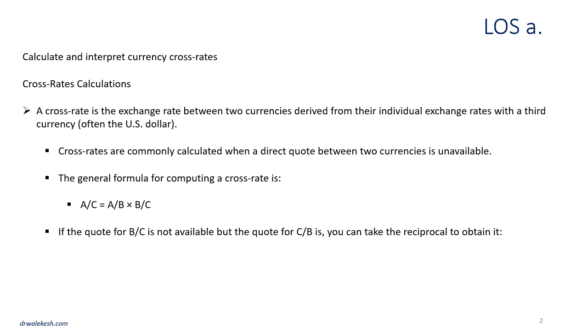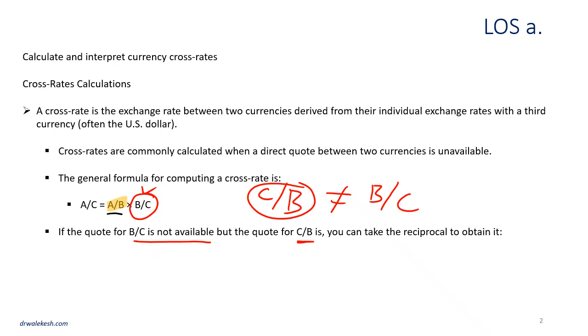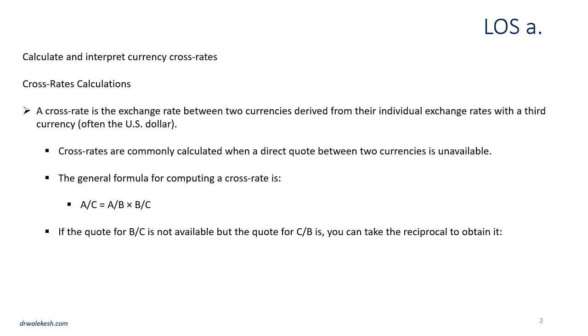Now, let us assume that you are interested in computing this cross rate, A per 1 unit of C. The dealer quoted A per 1 unit of B, but unfortunately the quote for B per 1 unit of C is unavailable, but the dealer quoted C per 1 unit of B. It is worth noting that this quote is not the same as what you need here, which is B per 1 unit of C. So what can you do?